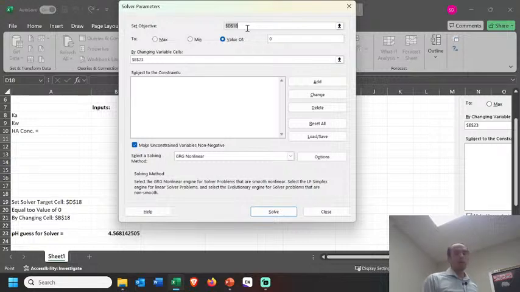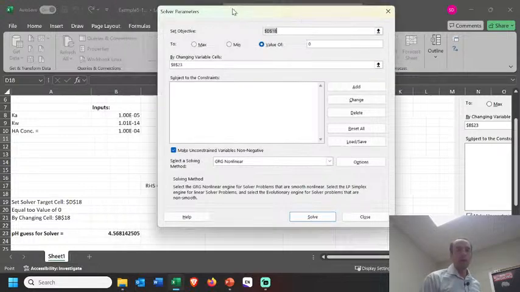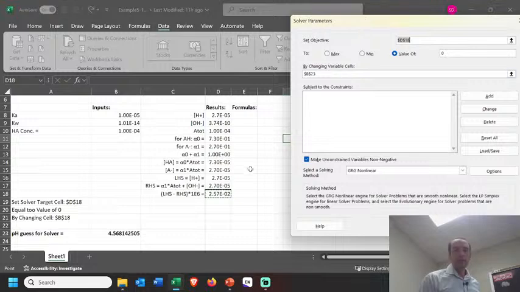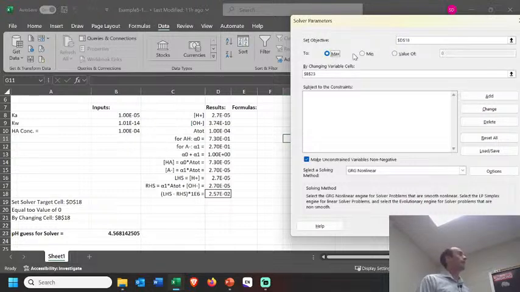And what we're doing now is going to say, all right, we want D18, which is this equation, the left-hand side minus the right-hand side equals 0. We want that to come as close as we can to a value of 0. Now, solver gives the option to say, okay, I want to maximize that or minimize that, but we don't want a super negative equation, right?